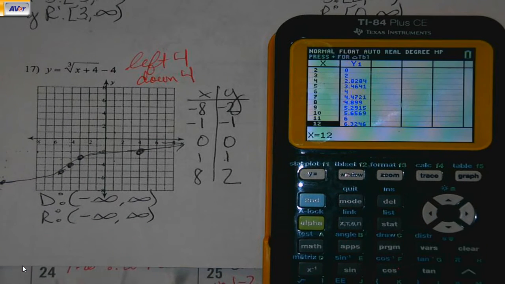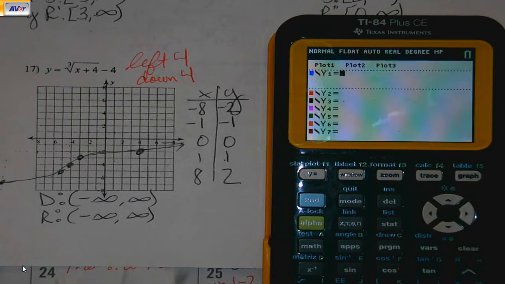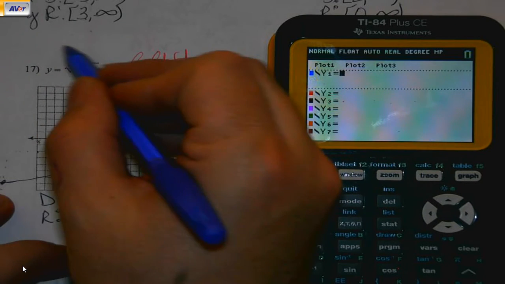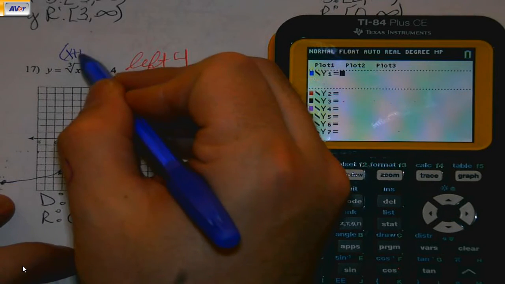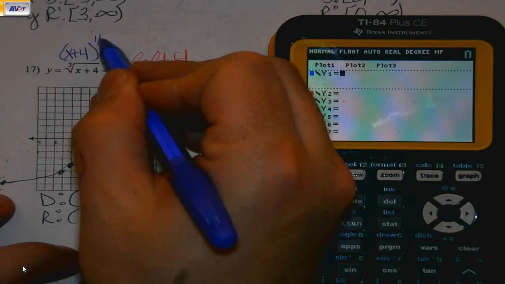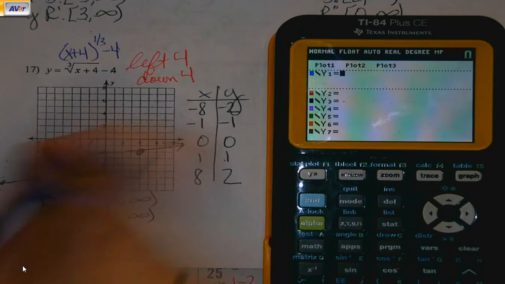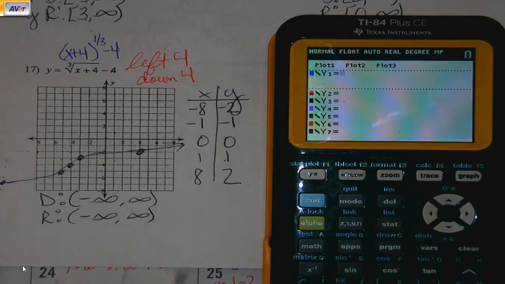Calculator people, you get a little bit more of a challenge this time. Because finding the cubed root button is not always easy. So what we typically will do instead is we'll just take things to the 1/3 power. Because that's what a cubed root actually is.